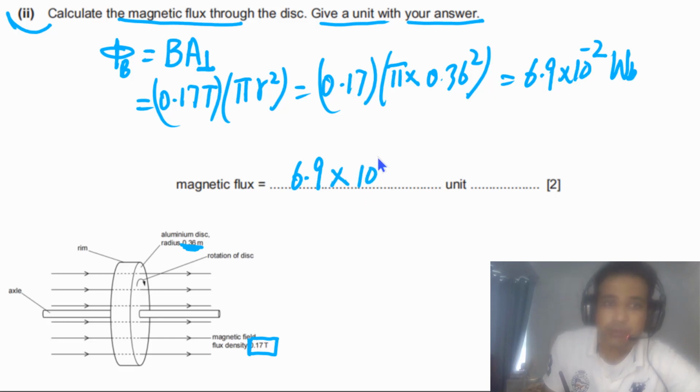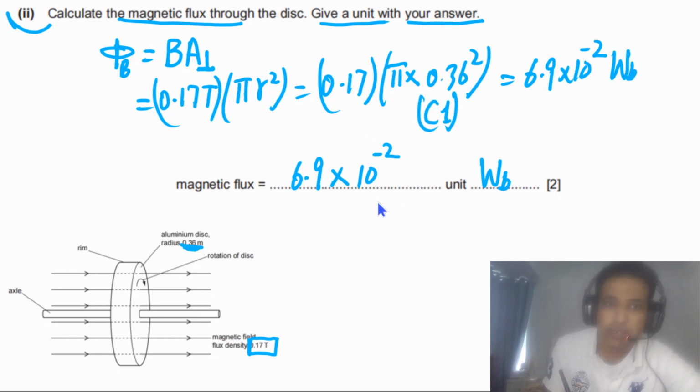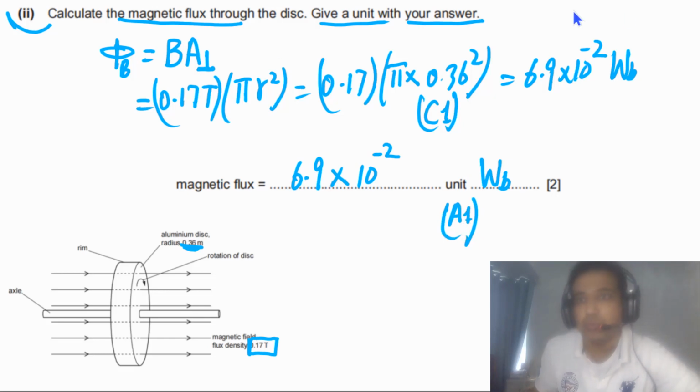So we write 6.9 times 10 to minus 2, and the unit is Wb, Weber. This question has 2 marks. The first mark, a C mark, you will get if you have written this expression. The second mark is the answer mark: if you have got the right value of magnetic flux and written the right unit, you will get 2 marks.